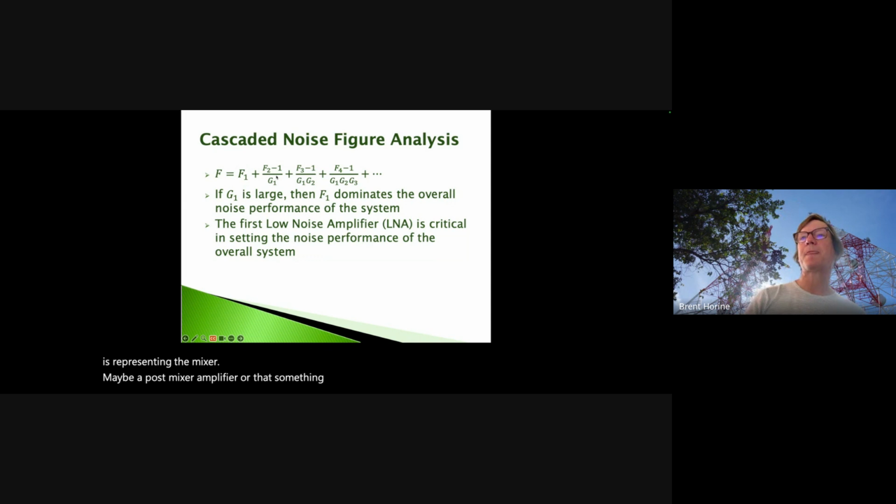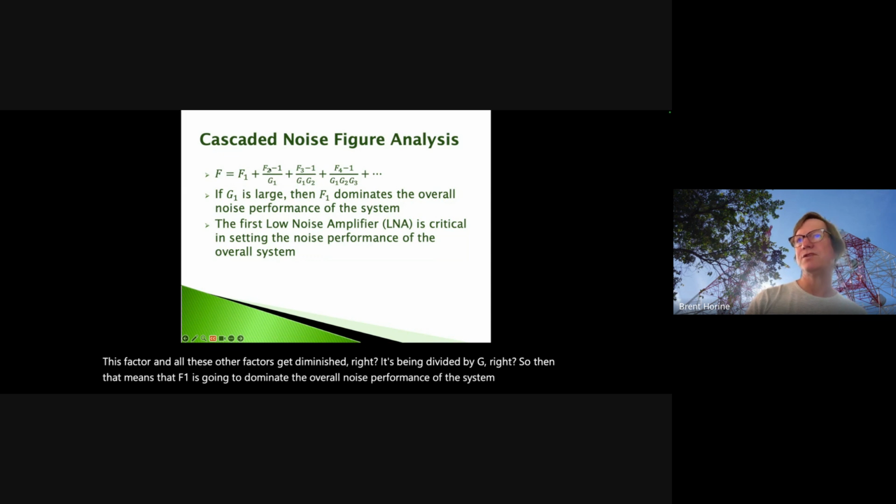So if G1 is large, then this factor and all these other factors get diminished, right? It's being divided by G, right? So then that means that F1 is going to dominate the overall noise performance of the system, right? And maybe F2 to a certain degree, but by the time we get to F3 here, it's being divided by G1 and G2, the combination of those gains, right?